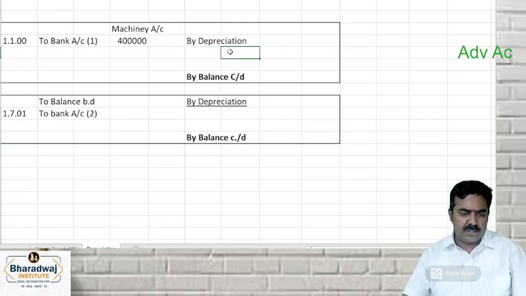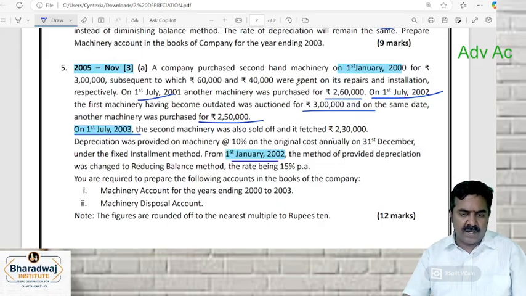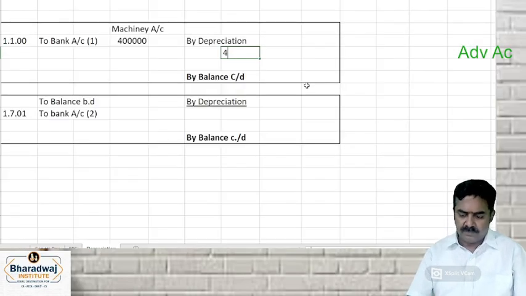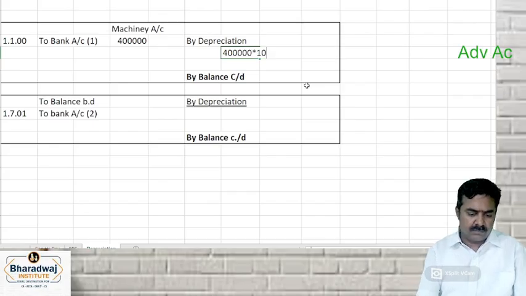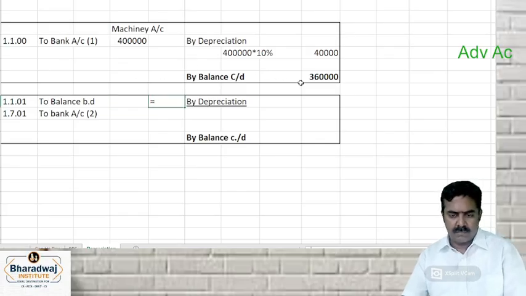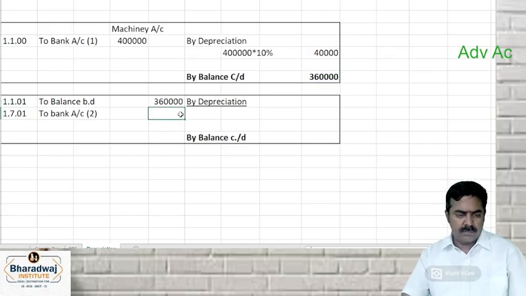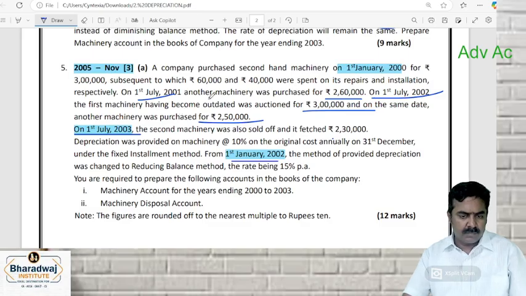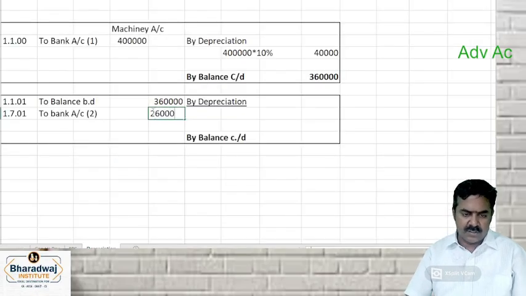So depreciation will be 4 lakh into how much percentage? First July 2001, another machine was purchased for 2,60,000.